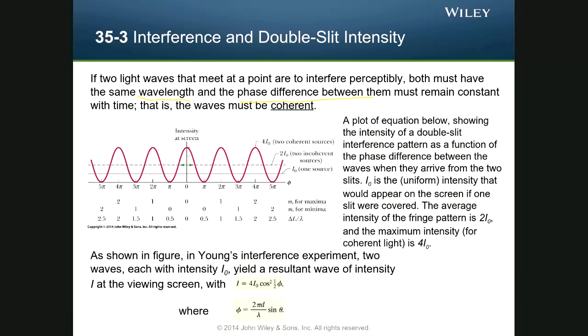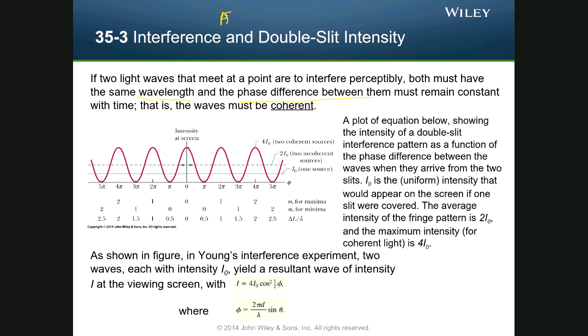This is why it's hard to see interference patterns with, say, a flashlight or a white light source, because there's a lot of different phases or lights in there. But with a laser light, it's pretty easy because the laser is coherent. One way, I think the easiest way to understand coherence is that you can't just add intensities.